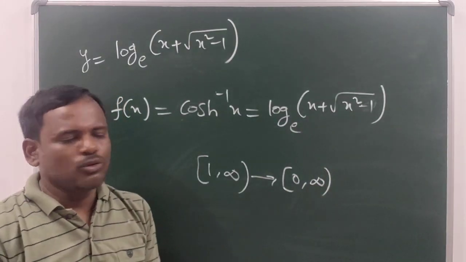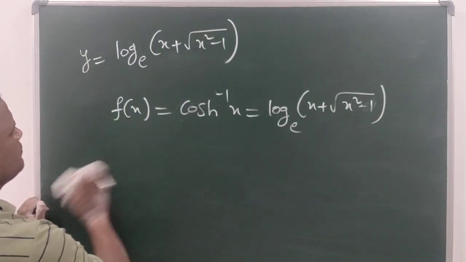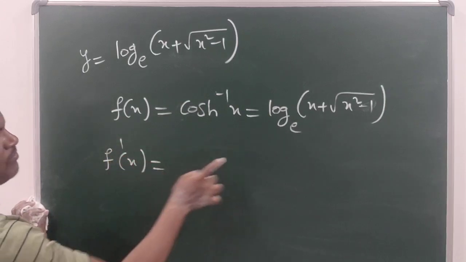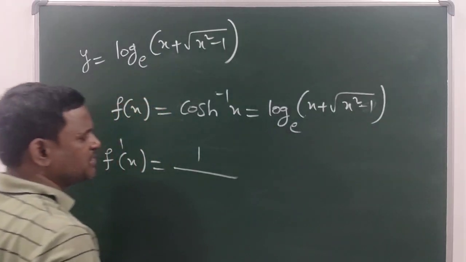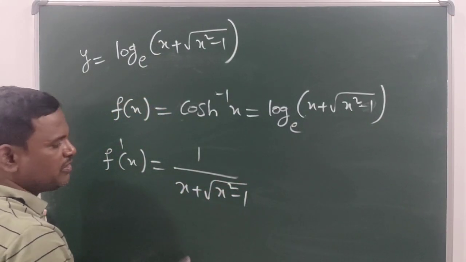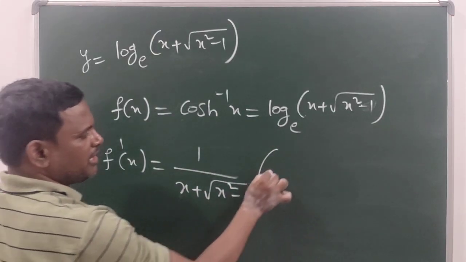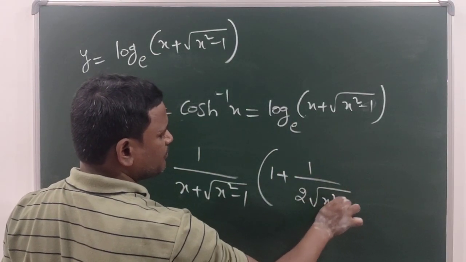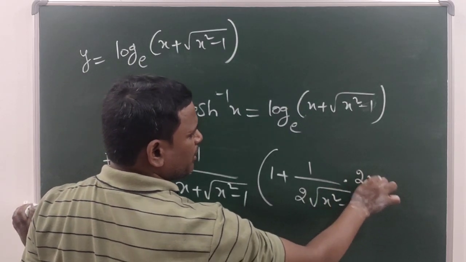Okay? Now let us go to whose differentiation. If you find whose differentiation f dash of x, what do you get? Log x derivative, here in the place of x this expression is given: log of x plus root of x square minus 1. Is this x? No. Again do derivative of this. x derivative 1, root of x derivative 1 by 2 root x. Now is this x? No. Again 2x.